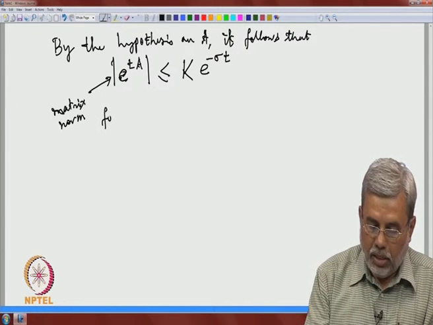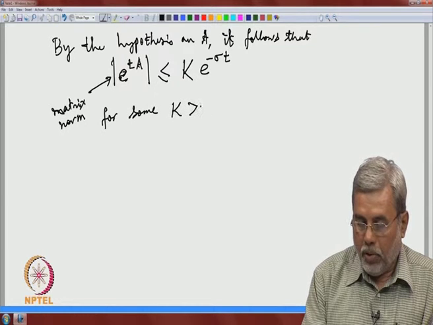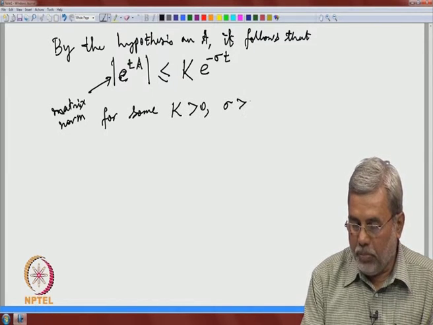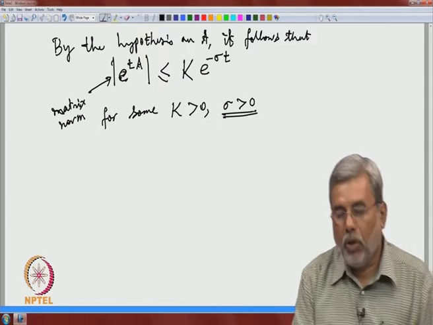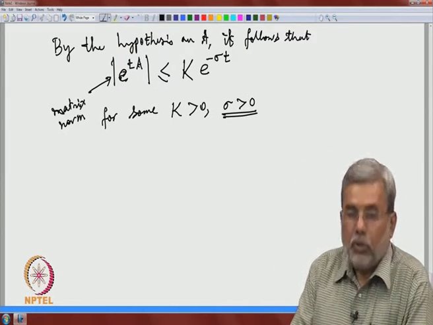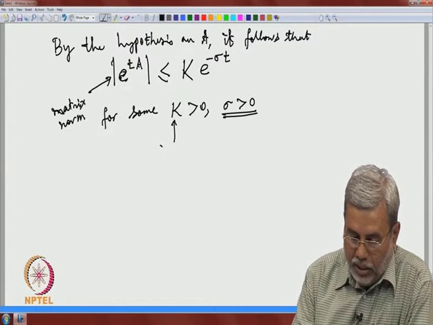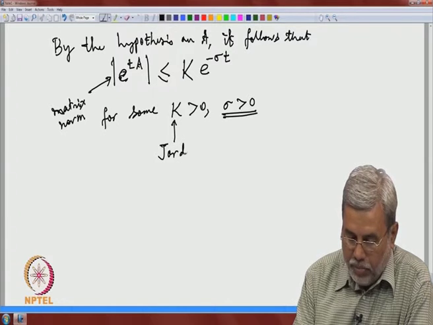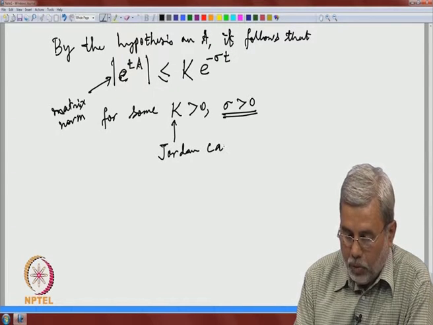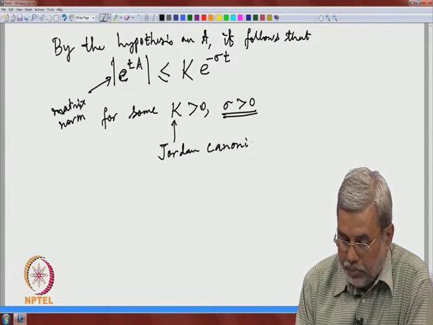for some k positive and sigma positive. This is important. Let me just briefly explain where these two constants come from. This essentially comes from the Jordan canonical form which we have already discussed in the linear algebra portion.